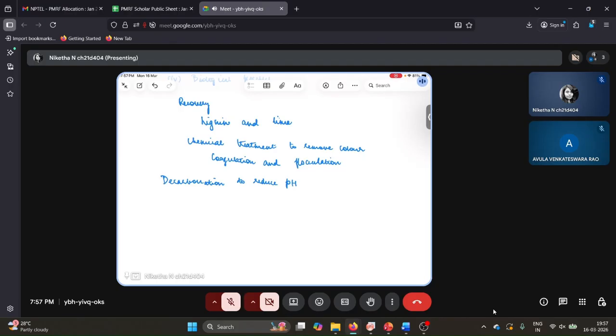Since we cannot continue the treatment process if the pH is so high, we need to reduce the pH by adding carbon dioxide. That will create carbonic acid, which will automatically bring the pH back to the normal range.